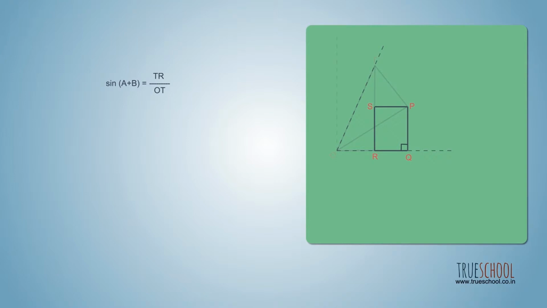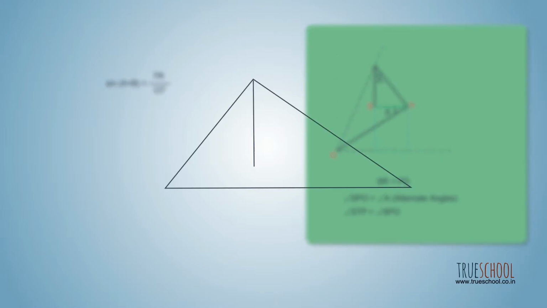SPQR is a rectangle, and so the opposite side lengths are equal, and obviously the corner angles are right angles. Angle SPO is alternate angle of A, and hence they are equal. Angle SPO is also equal to angle STP. If you're not sure how, then try to prove that in a triangle, if you draw a perpendicular to the base, this angle becomes equal to this, and this angle becomes equal to this.